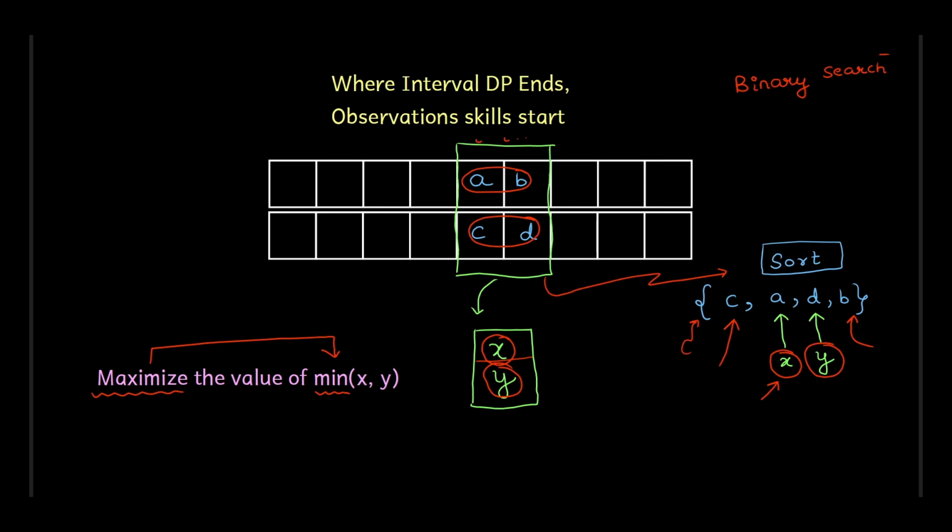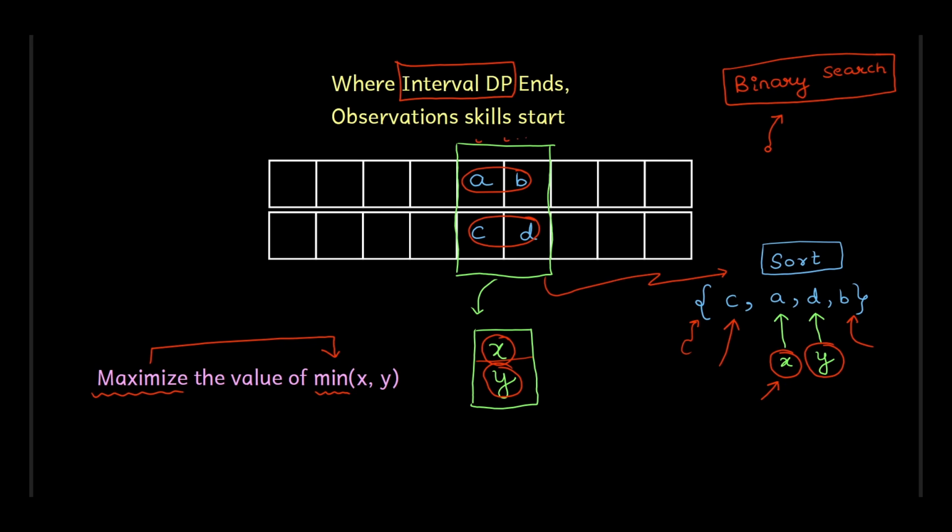Binary search on the answer would be a prerequisite to this video, but that is the only prerequisite. Interval DP or any other advanced concepts is not a prerequisite to this video.